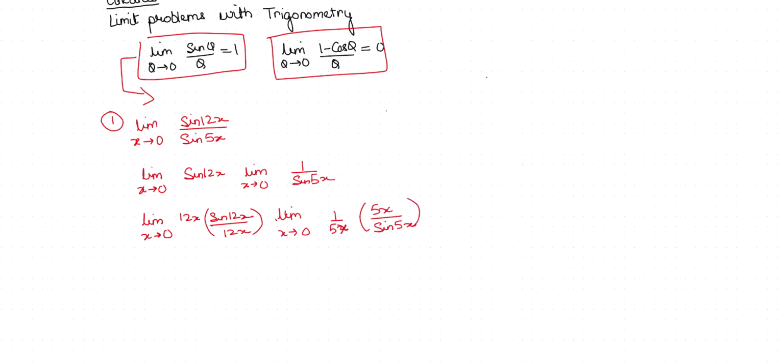Okay. So now we see we can put the 12x over 5x out. And we know if x tends to 0, then 12x will also tend to 0. So we can write more clearly over here.